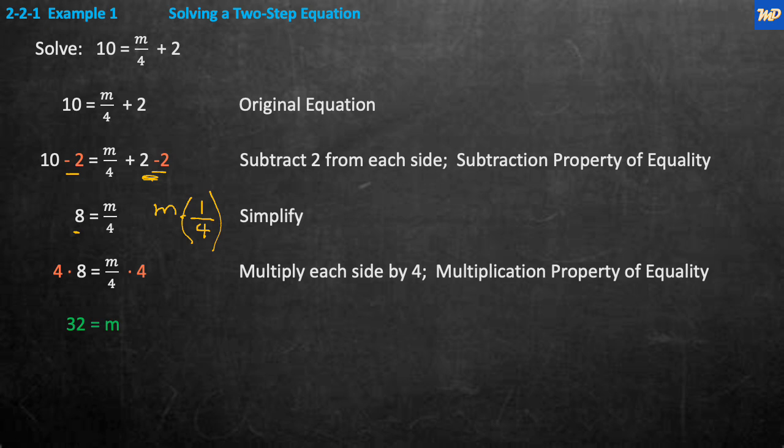We're going to multiply both sides by 4 using the multiplication property of equality, because the way you get rid of a 4 in the divisor is by multiplying by 4. 4 over 4 gives you 1. So then the coefficient of the m variable is now 1. When you multiply one side by 4, you have to multiply the other side by 4. So here we have it, 8 times 4 is 32. Our answer, m equals 32.